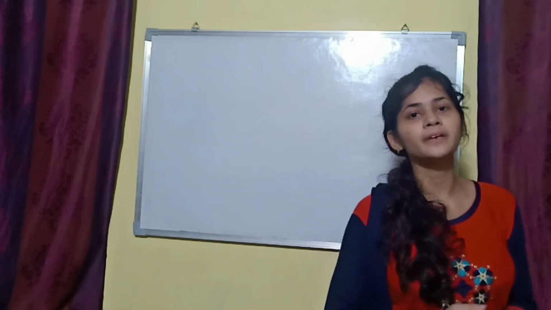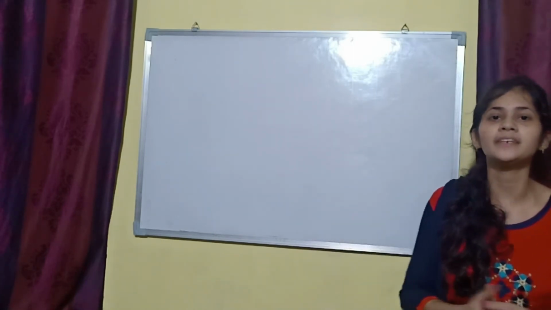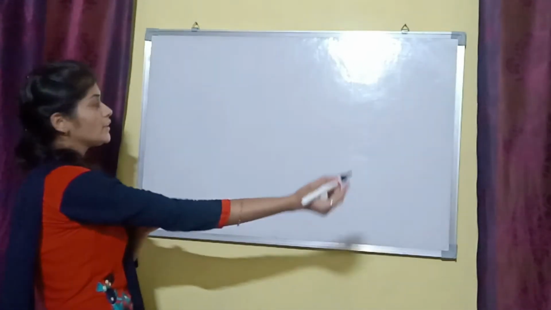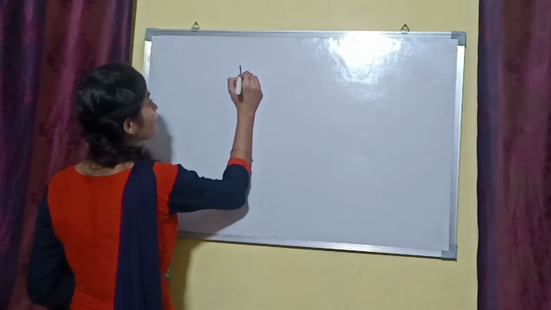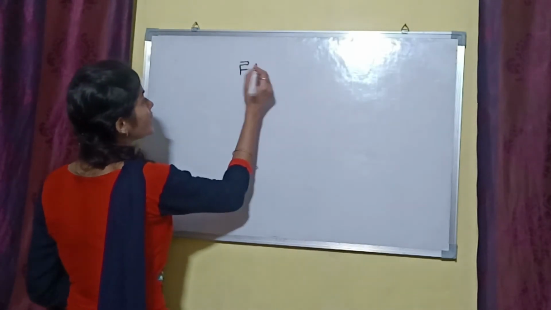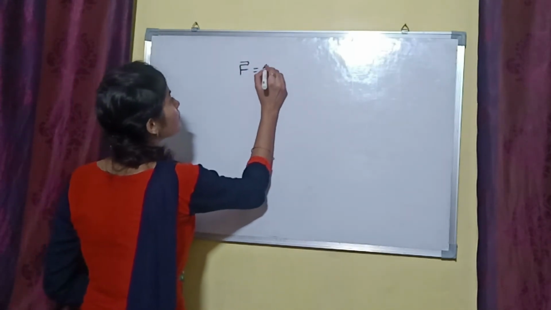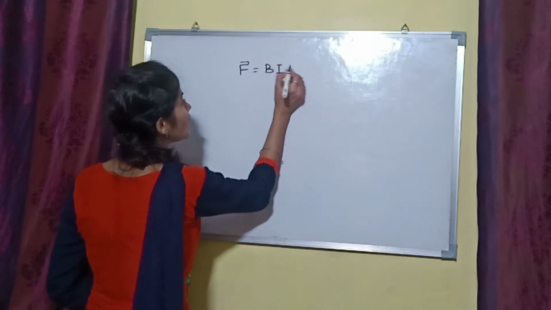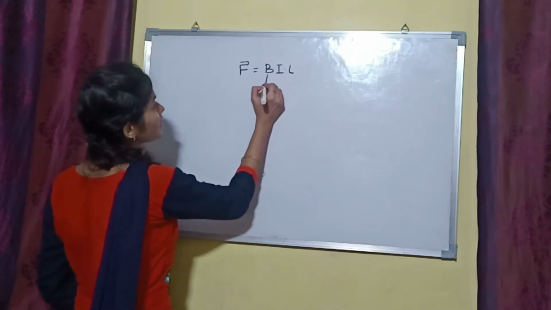Now the next topic is how to improve the capacity of an electric motor. We know that F, what is the formula for force? It is B into I into L. What is B here?